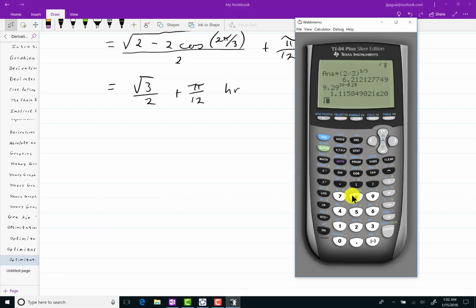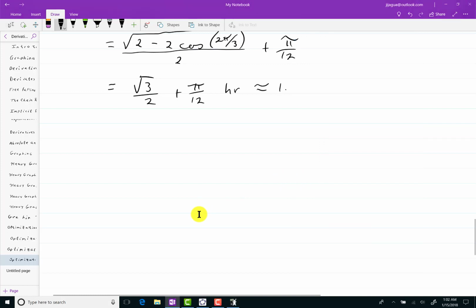Square root of 3 divided by 2 plus pi, which is above this caret button here, divided by 12. And that's about 1.128 hours. So it's approximately 1.128 hours.